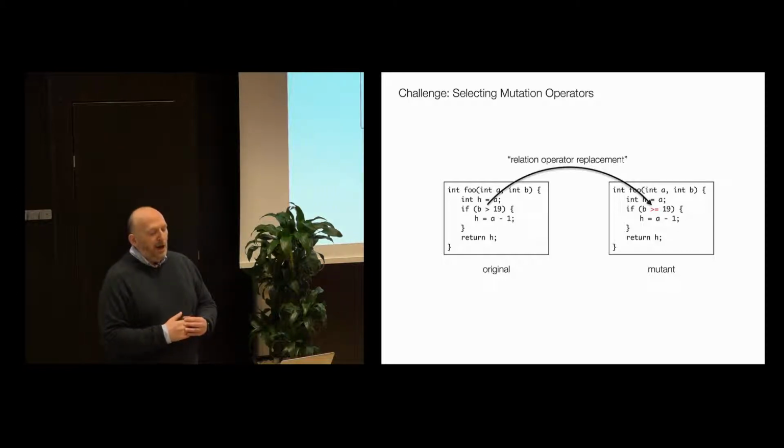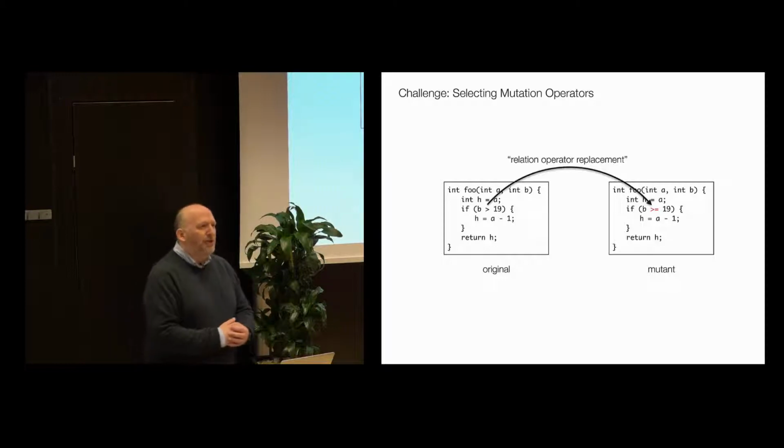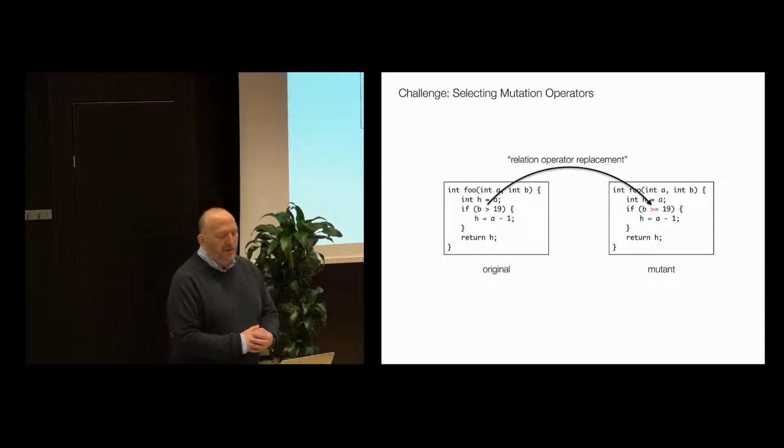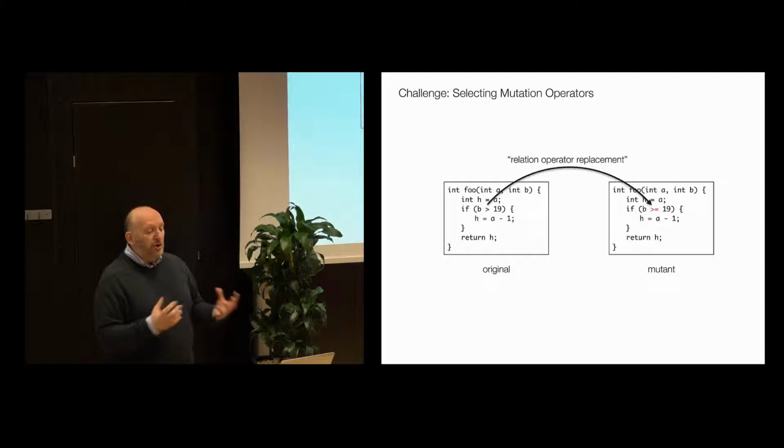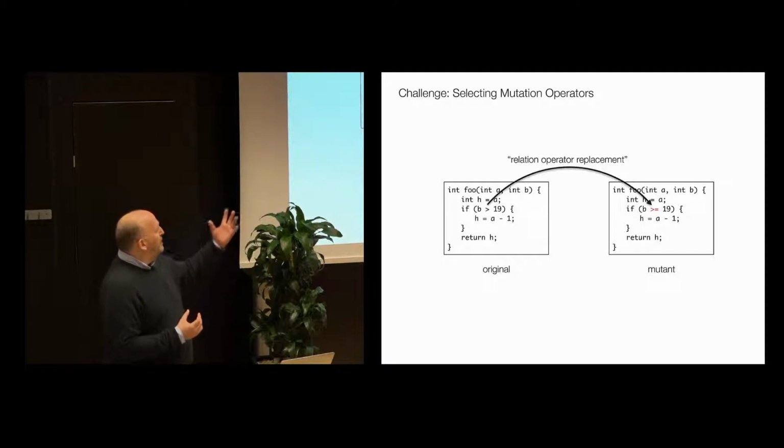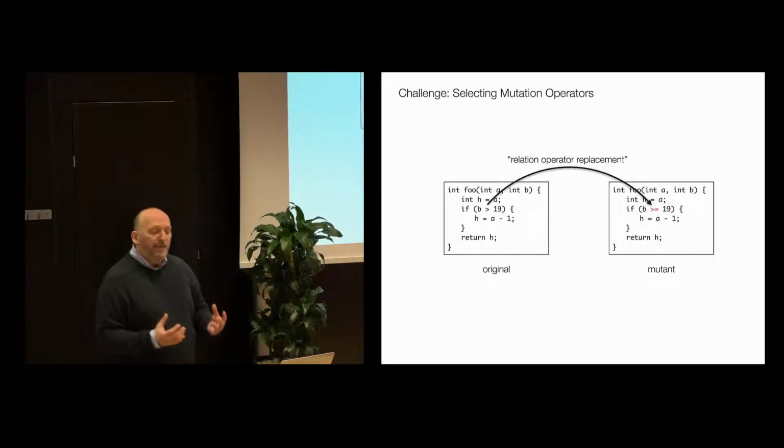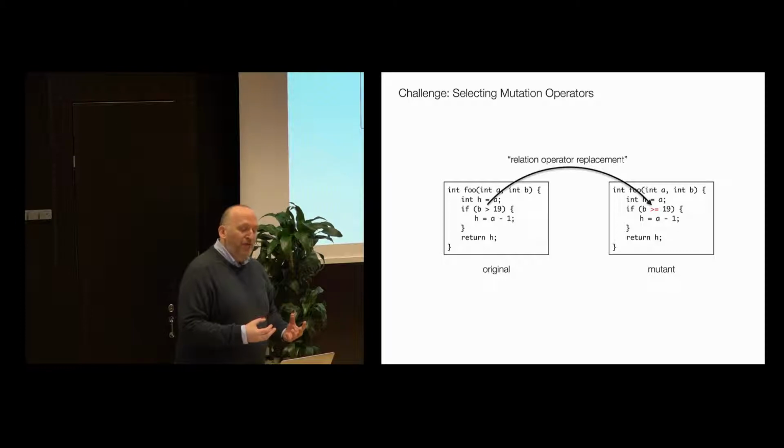So the other nice piece of research which has been going on for about 20 years is, well, what changes should you make? And it turns out that a lot of changes you could make, like for example, I could change that 19 to a 20, are nice, simple mutants, but in fact there are other changes I could make which result in fewer mutants, which are effectively equivalent.